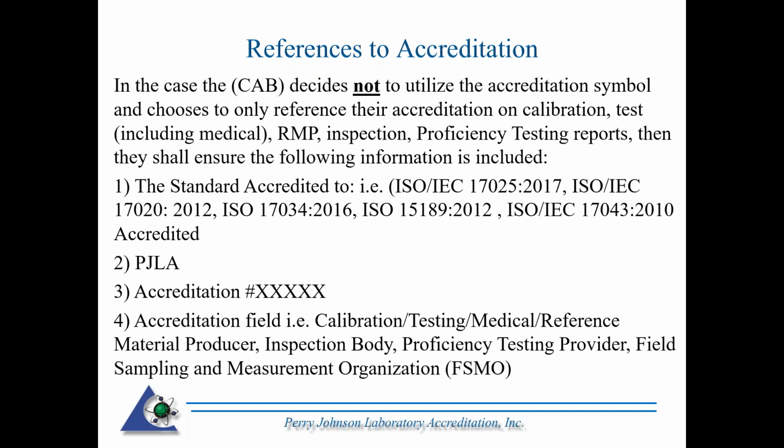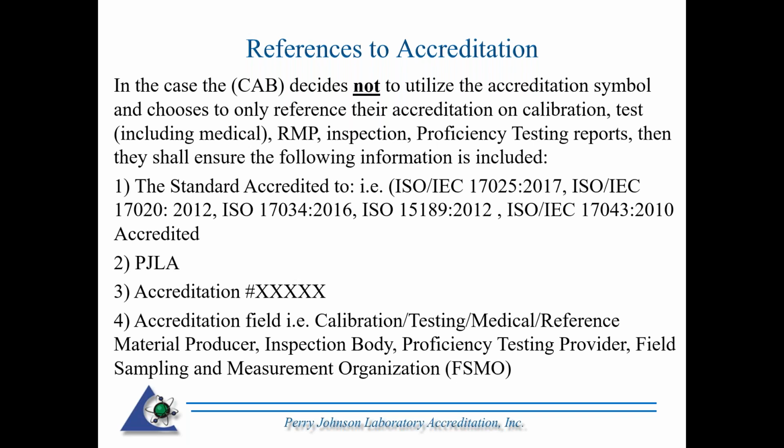So basically, if you think about it, if you look at what was referenced before, in lieu of the symbol, you just referenced the whole entire standard there. You would also reference PJLA along with your unique accreditation number. And then last but not least, you have to reference the field.